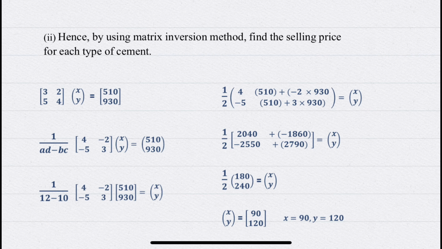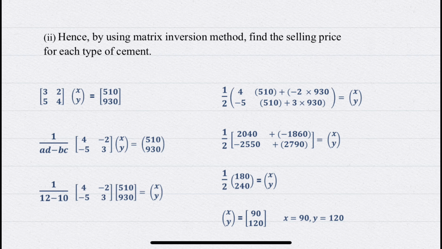We must do a matrix inversion first, and we get 1 over AD minus BC, and then we must do an inversion method.